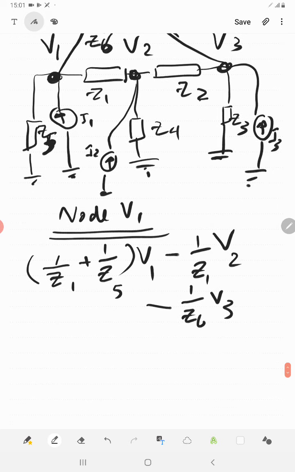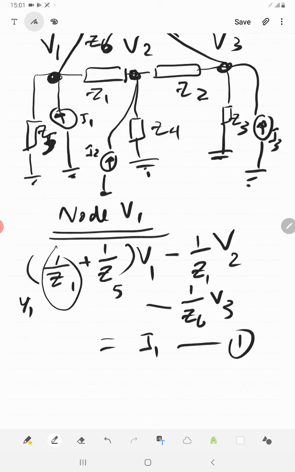Then this is equal to I1. This is equation 1. Exactly the same as in DC, but here 1 over Z.